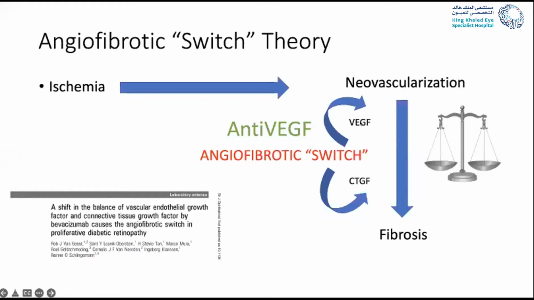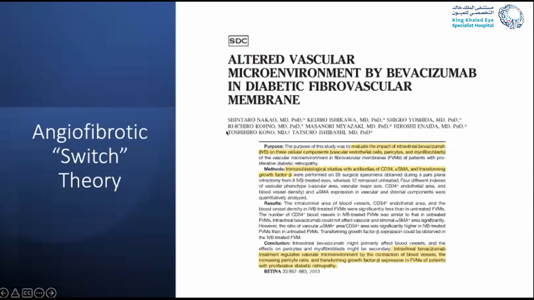But as VEGF levels drop, more CTGF is produced or becomes more predominant, and this allows the formation of fibrosis. So this switch from neovascularization, by decreasing the VEGF levels, would eventually allow CTGF levels to dominate and develop fibrosis. This is what is called the angiofibrotic switch, and this is led by anti-VEGF medication in these patients.